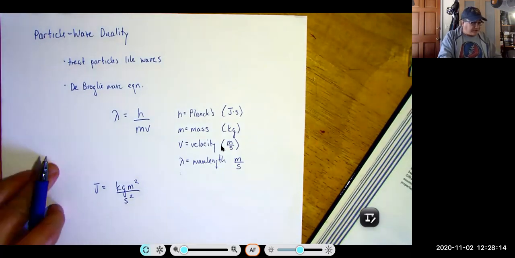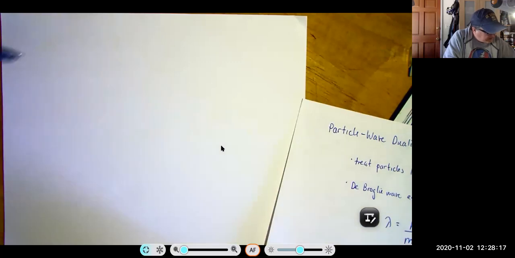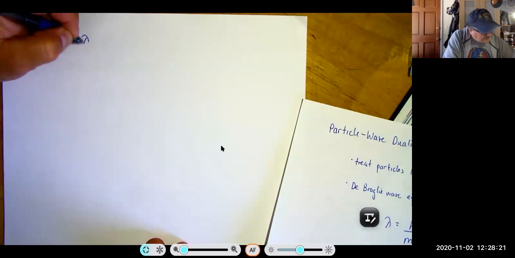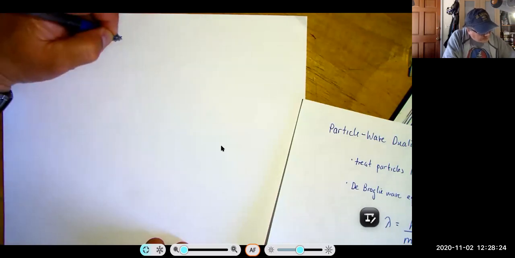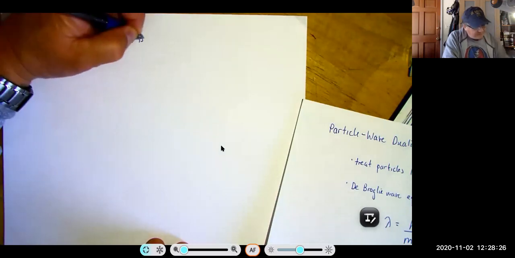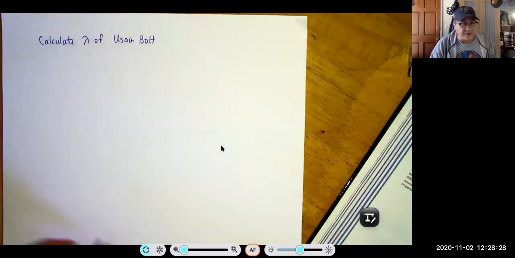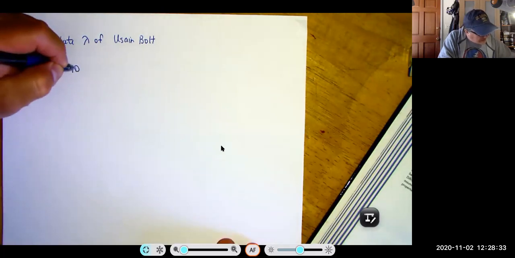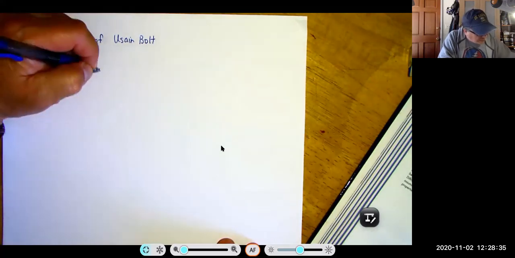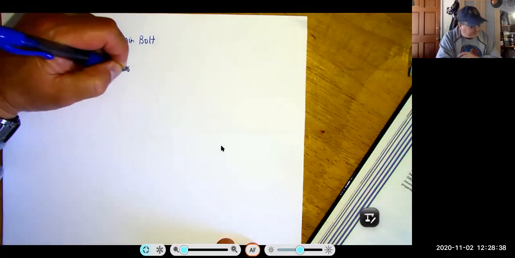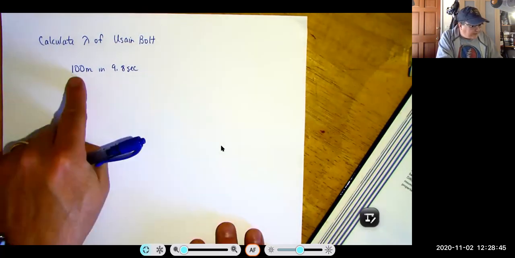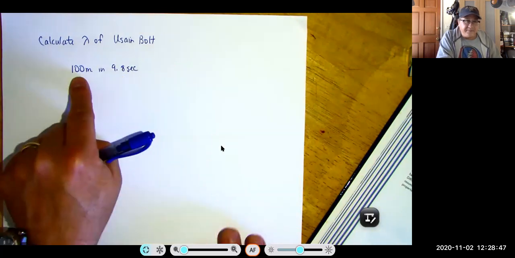So let's say that, for instance, you wanted to calculate the wavelength of Usain Bolt. So he's an Olympic sprinter. He's really fast. I believe he has run the 100-meter dash in about 9.8 seconds. Okay, so what is his wavelength when he's running this, if this describes his average speed?